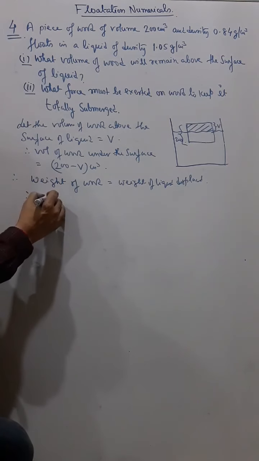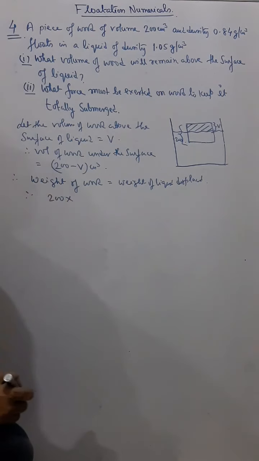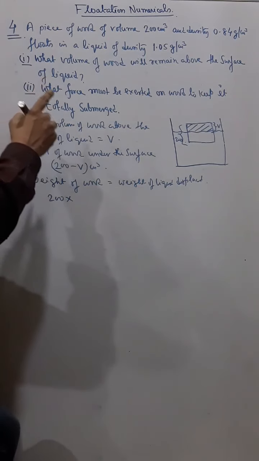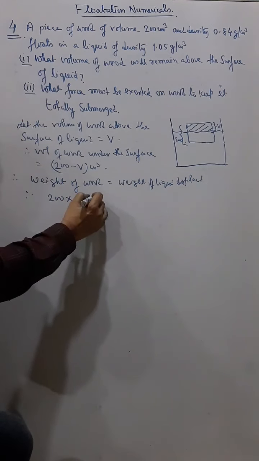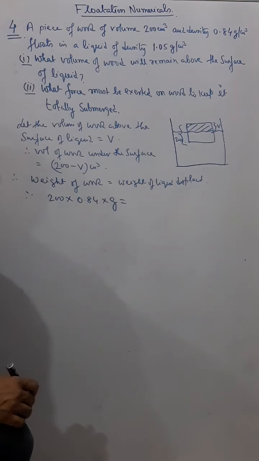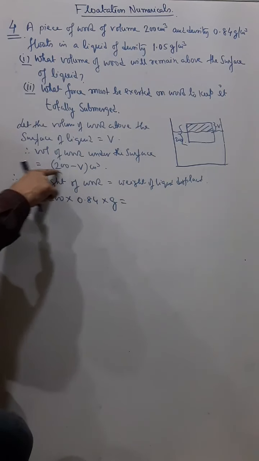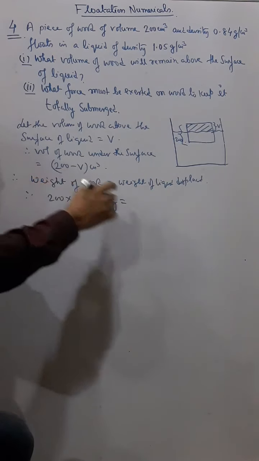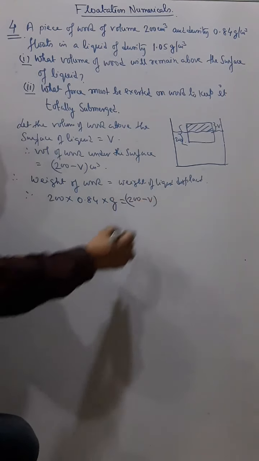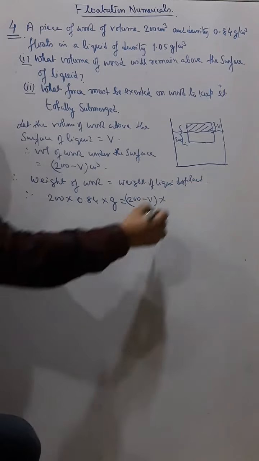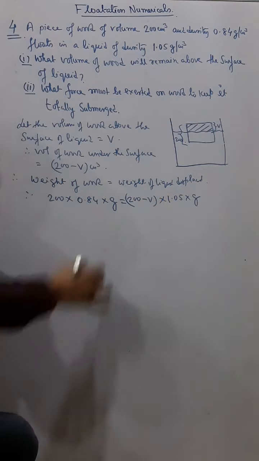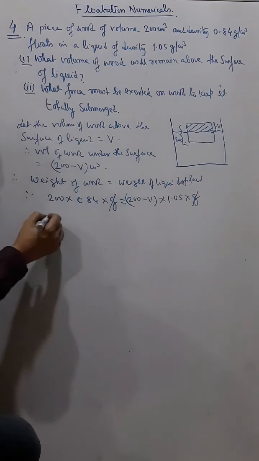Volume of wood is 200 and density of wood given is 0.84, into g. Weight of liquid displaced is the volume of liquid displaced, which is 200 minus V in brackets, into the density of liquid 1.05, into g. So now g and g get cancelled.